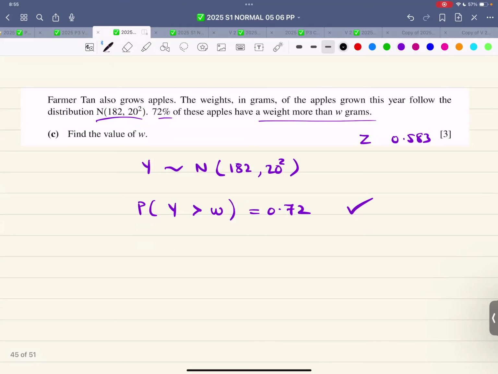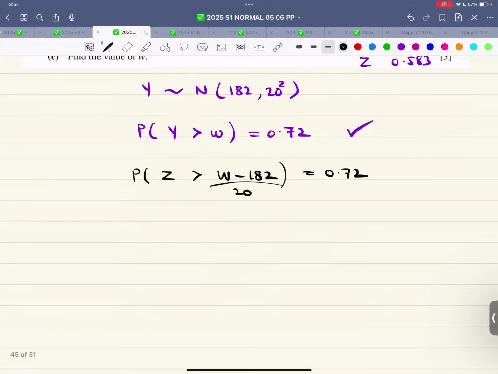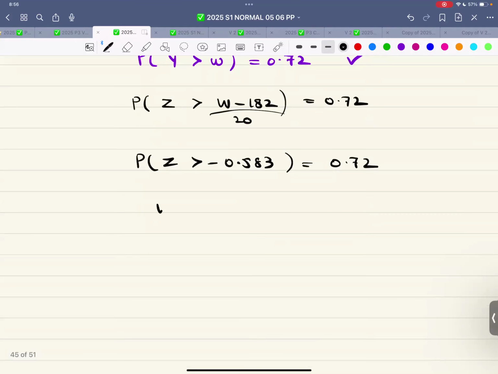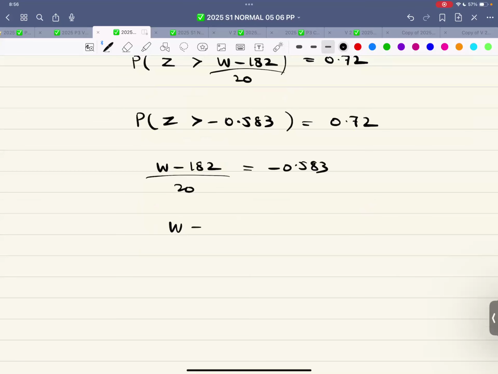And then you would write that probability Z is greater than W minus 182 divided by 20 is 0.72. Probability Z is greater than negative 0.583, with a negative sign because of the greater sign, is 0.72. W minus 182 over 20 is negative 0.583. Make W the subject, that is negative 0.583 into 20 plus 182.